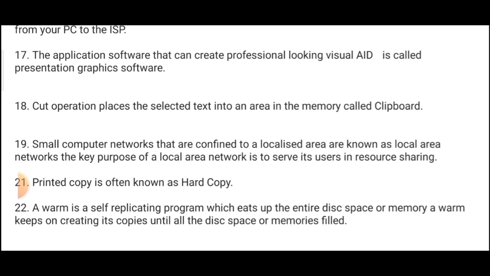A worm keeps on creating its copies until all the disk space or memory is filled. It is a kind of virus known as a worm that replicates itself. Replicate means it duplicates itself until the entire memory is occupied by this virus.